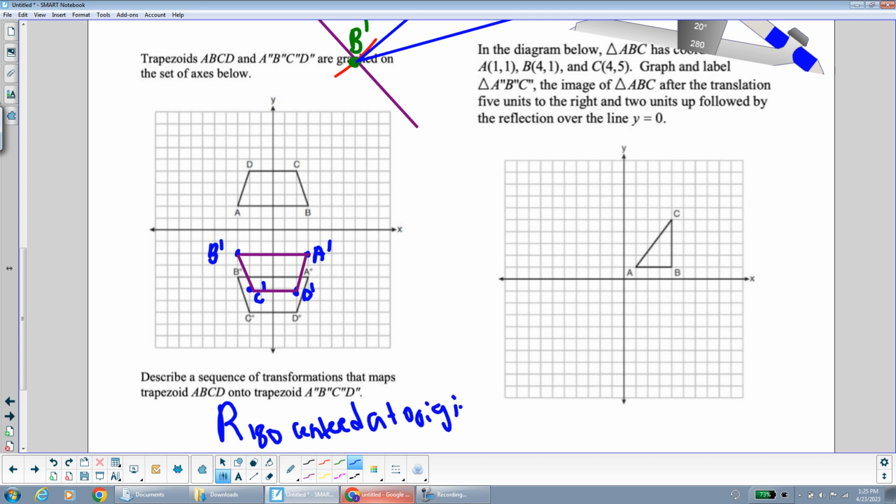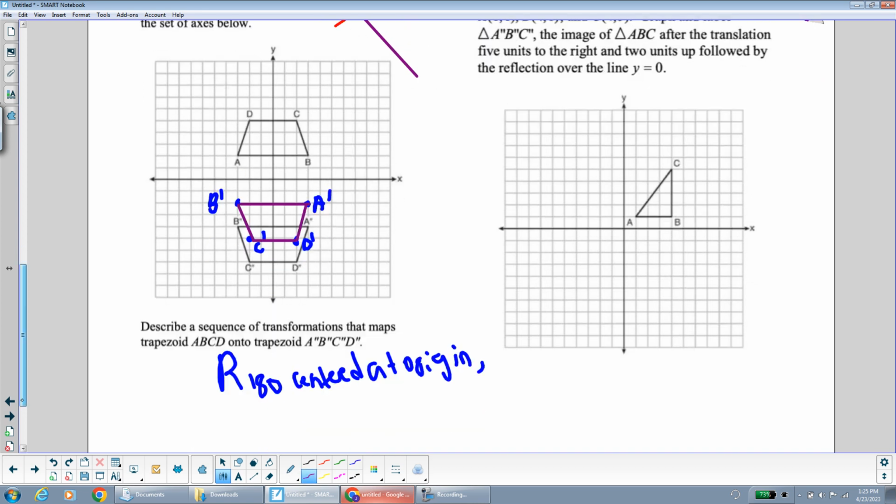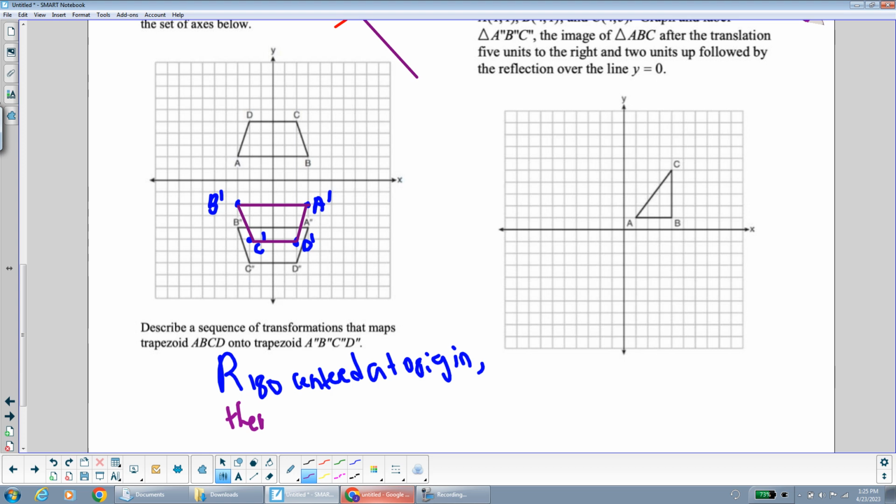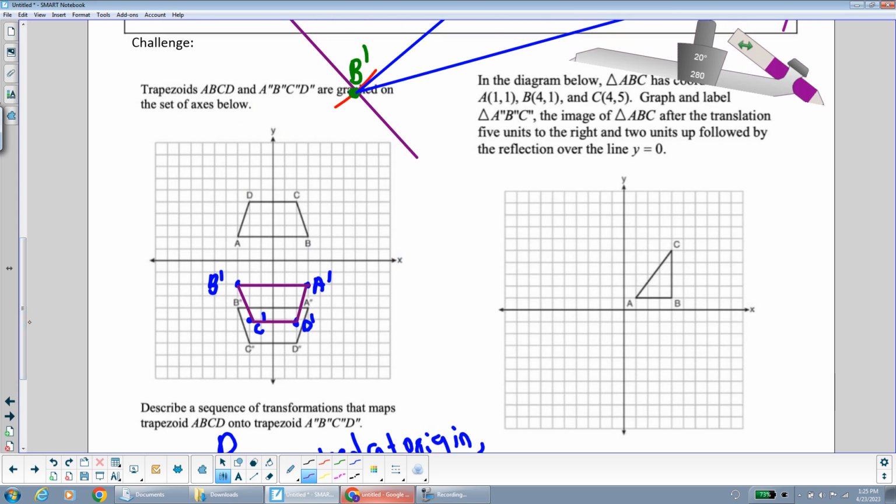That's how we were able to use the rule. Then a translation 2 units down. And that would work. So that's a sequence of transformations. It is 2, more than 1.